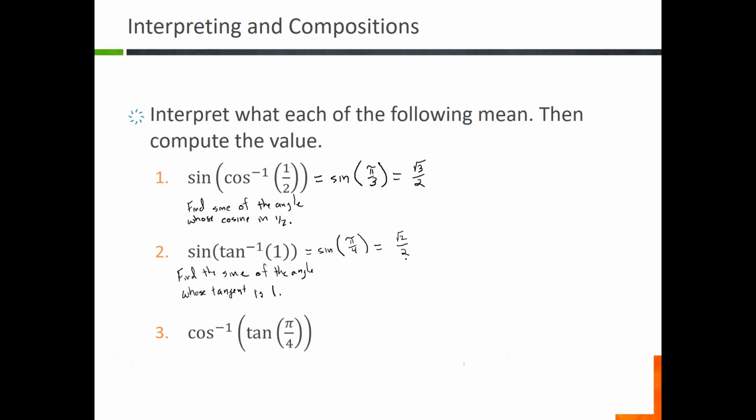And we know the sine of pi over 4 is root 2 over 2. All right, last example here, and then we'll look at an application. We want to do the inverse cosine of the tangent of pi over 4. Okay, it's a little harder to compute or to interpret what we're computing, but let's try. So when we compute inverse cosine, what are we computing? We're computing now an angle. So reading from left to right, I want the inverse cosine of the tangent of pi over 4.